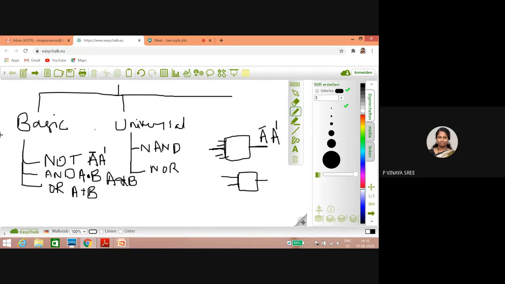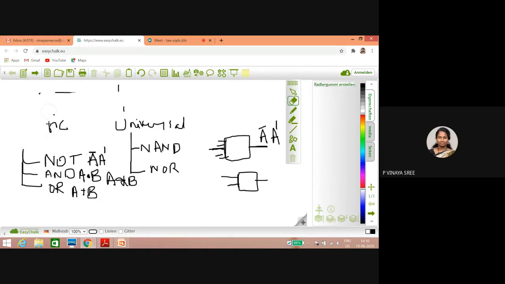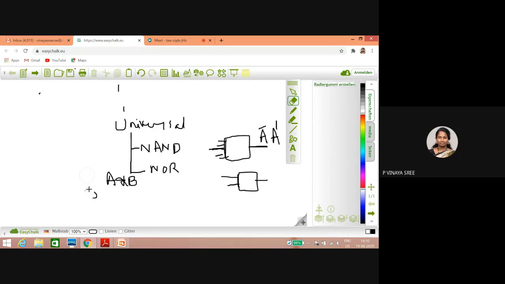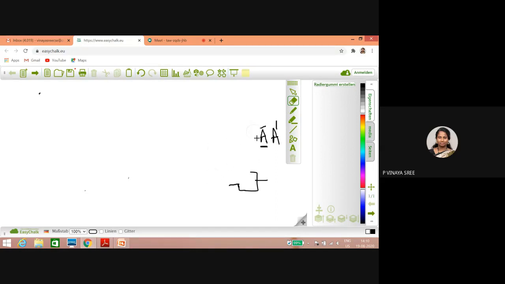Okay, so now let me start with the starting one called a NOT. So NOT is very important, try to concentrate. We even represented a NOT gate in one's complement, and I have even written a symbol for that. So write down the heading basic gates. In that, first we are discussing a NOT gate.